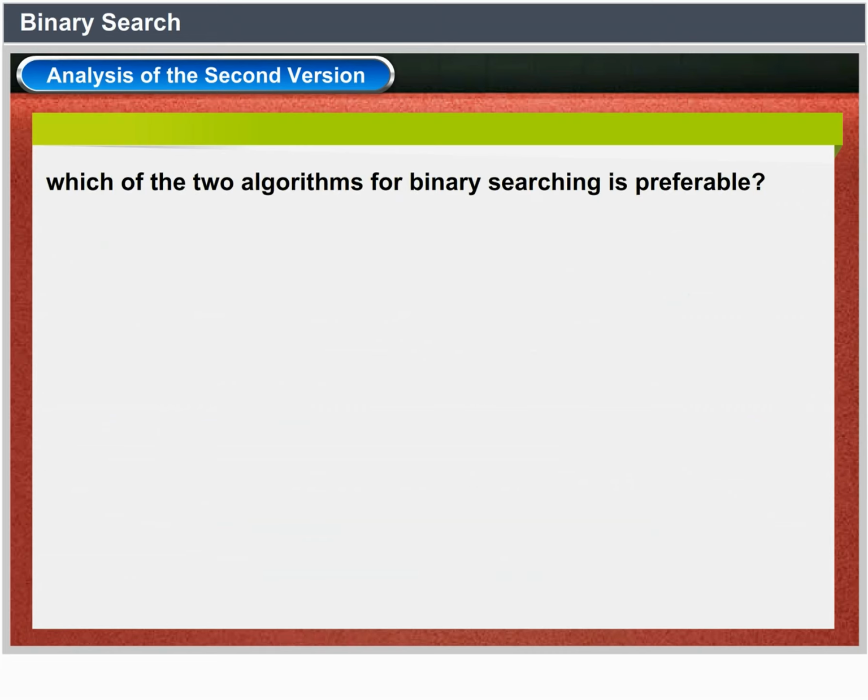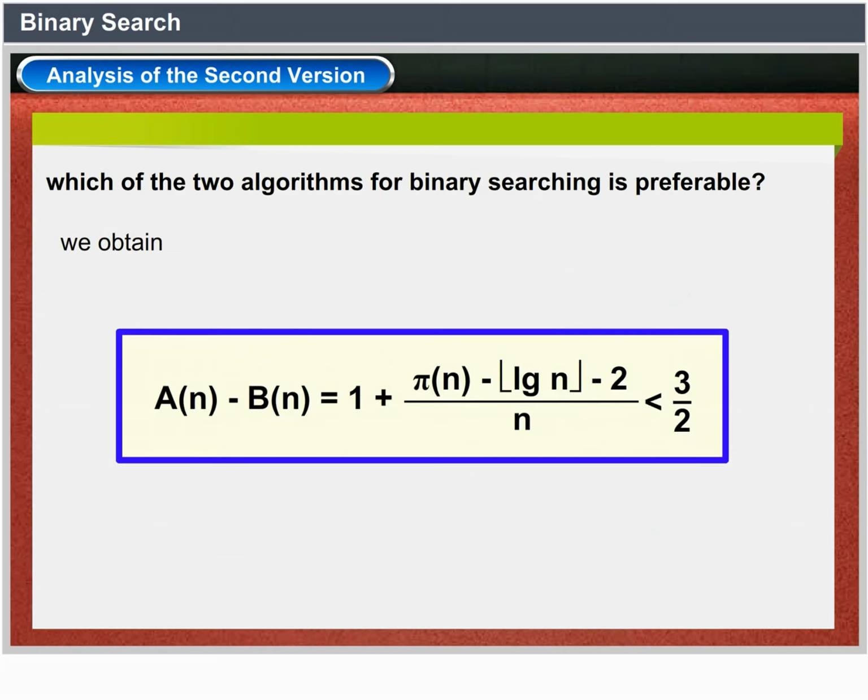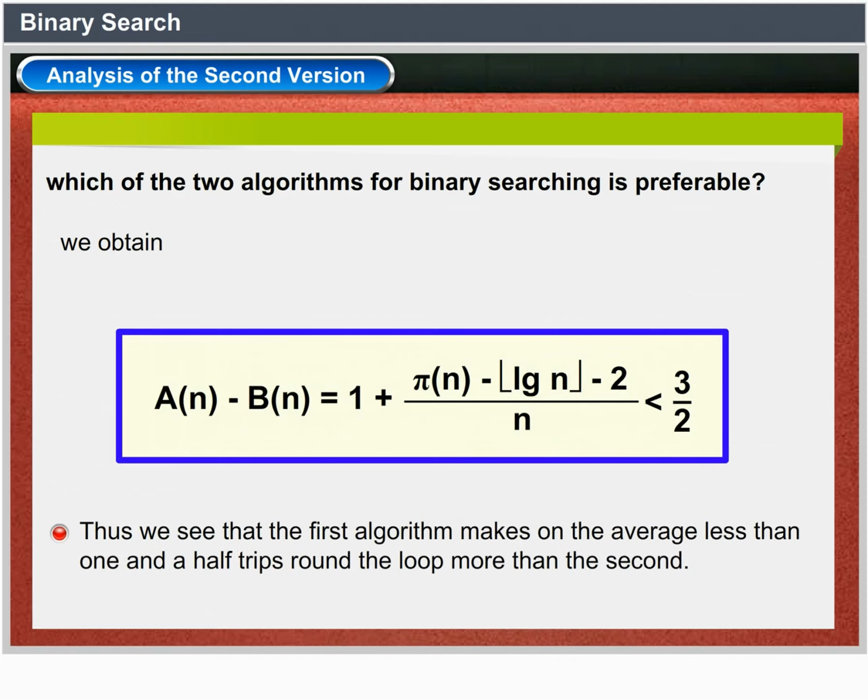Which of the two algorithms for binary searching is preferable? We obtain the following result. Thus, we see that the first algorithm makes on the average less than 1.5 trips round the loop more than the second.